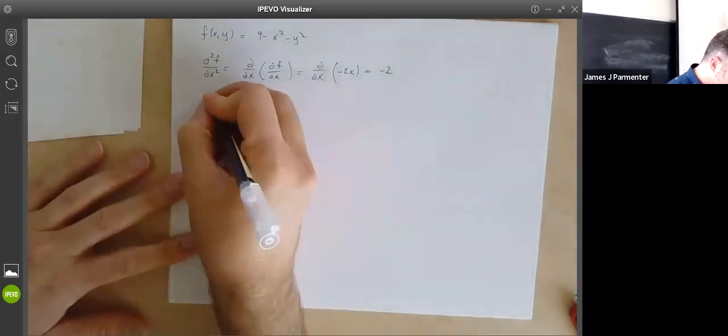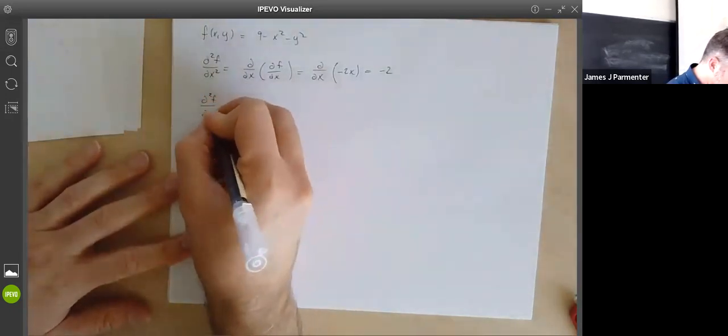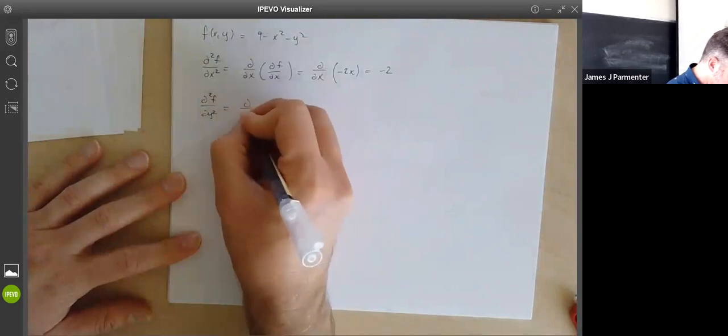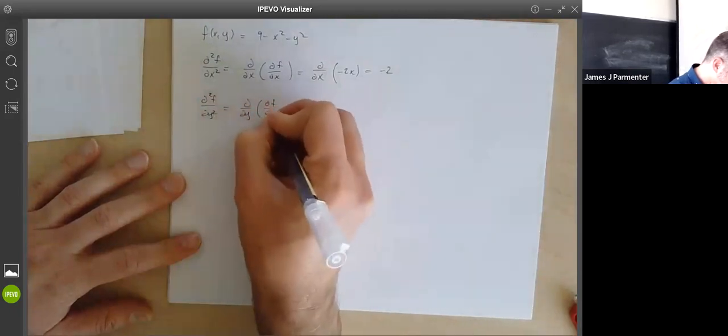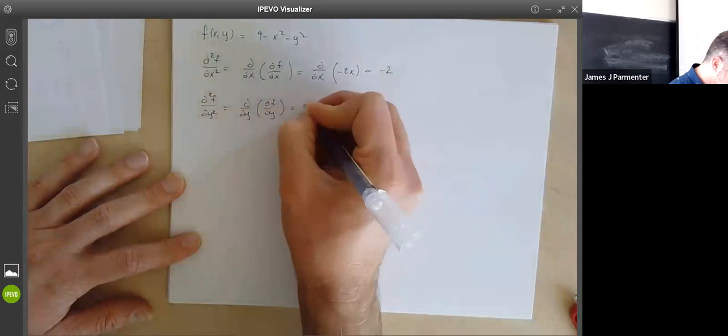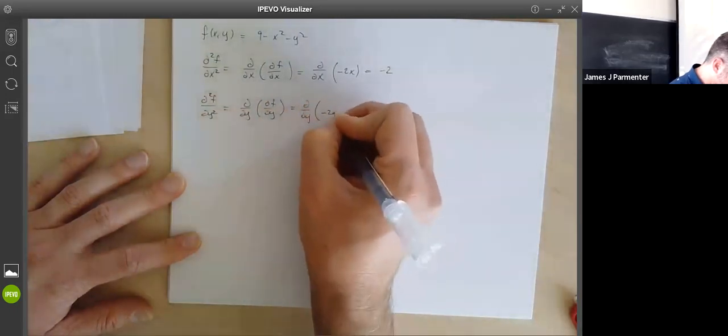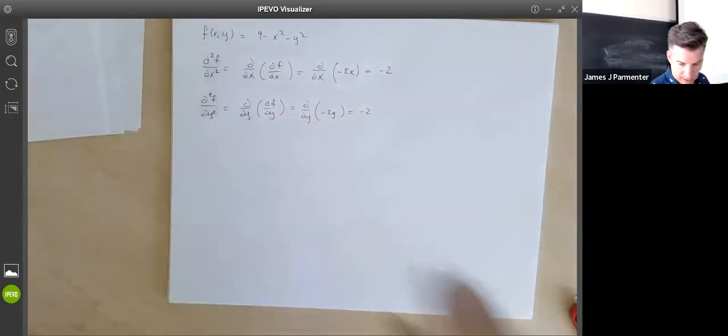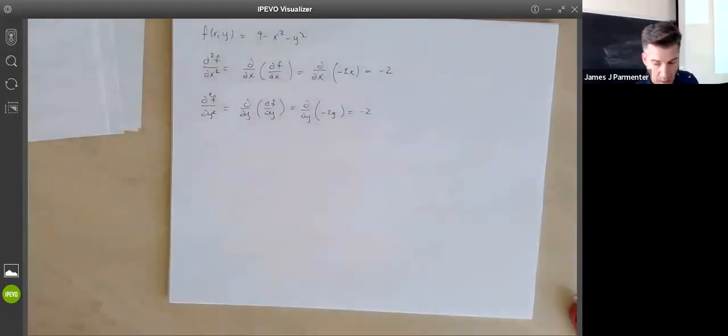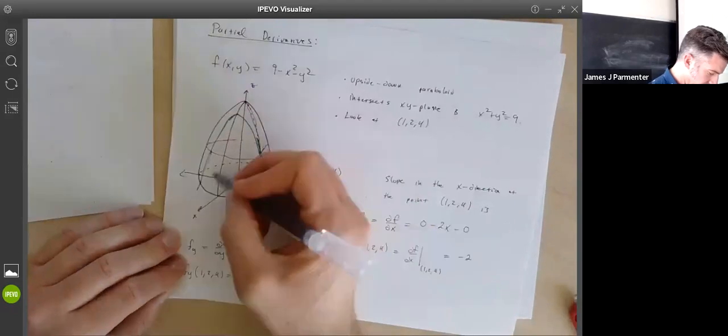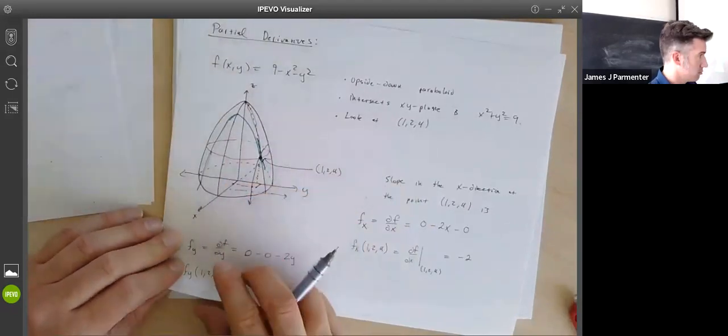Similarly here, del squared f del y squared is going to be del y of del f del y, which is del y of -2y, which is also -2. And not surprisingly, looking at the picture, it's concave down in both of those directions.